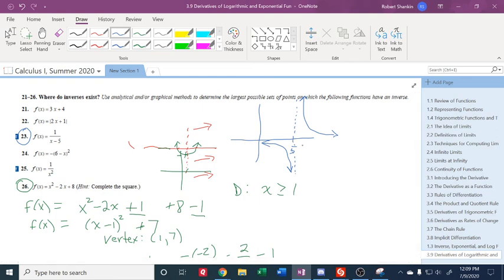You can't have an inverse where the original function didn't exist at all. So the largest possible set on this one, the domain for 23, would be the same as the domain of the whole function, from negative infinity to 5 union 5 to infinity. It's this parabola part where it's not one-to-one, doesn't pass the horizontal line test. That's why we needed to restrict things for number 26.